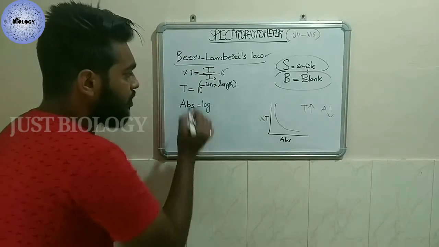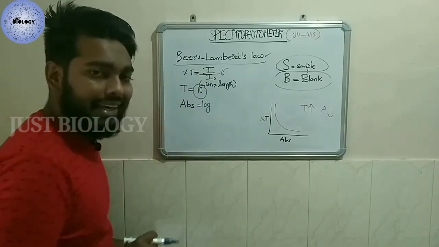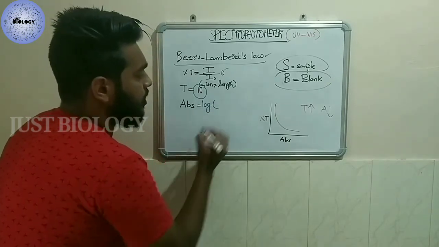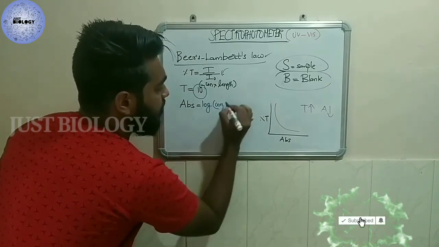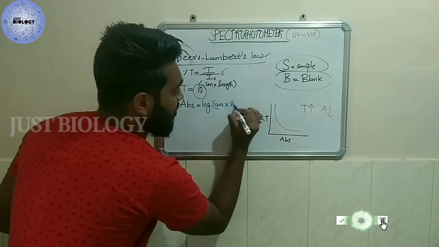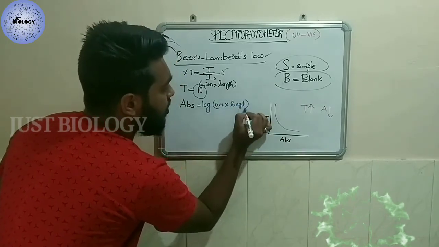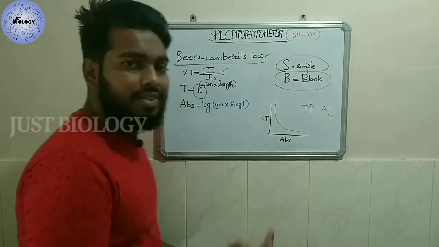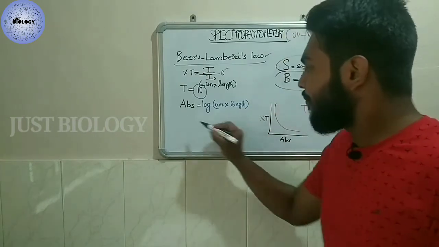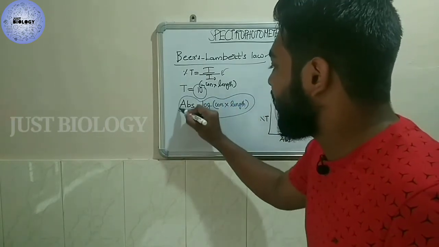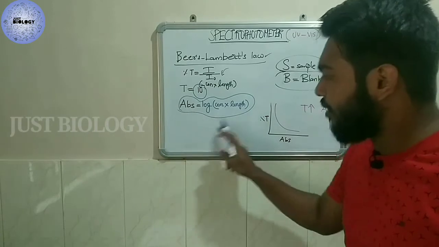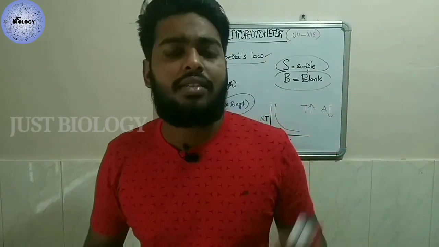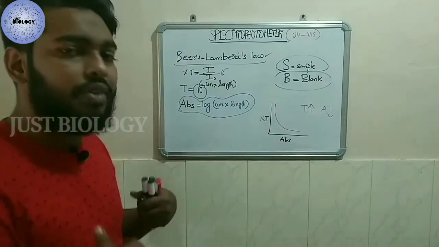Because we are using 10, we took log here. Then concentration into length. So absorption is equal to log into concentration into the length. Here we derived the equation. Though we derived this equation, it is not sufficient for getting the information we are looking for.